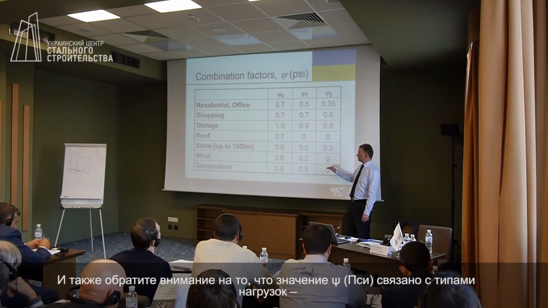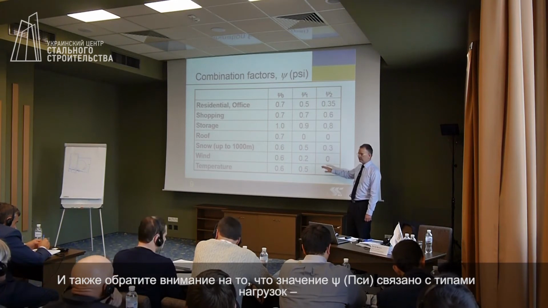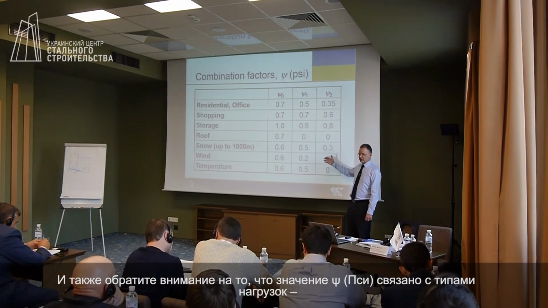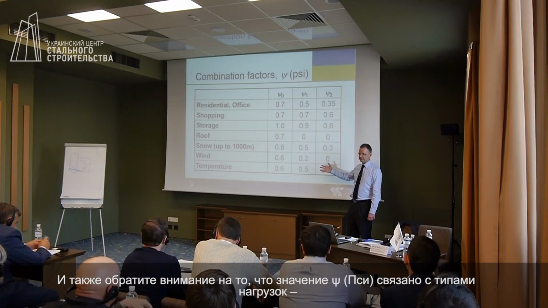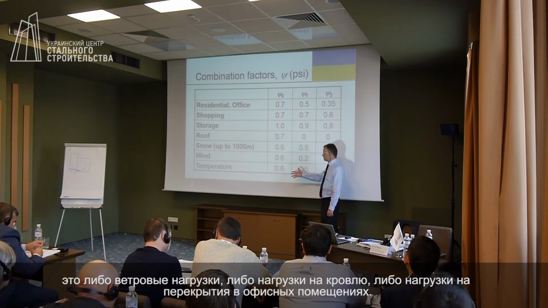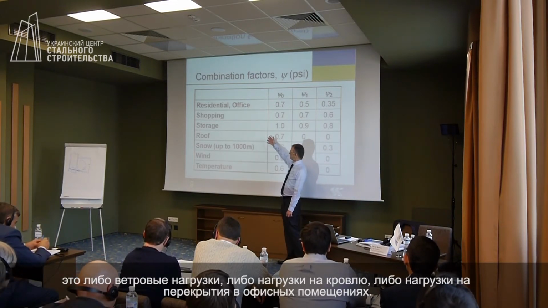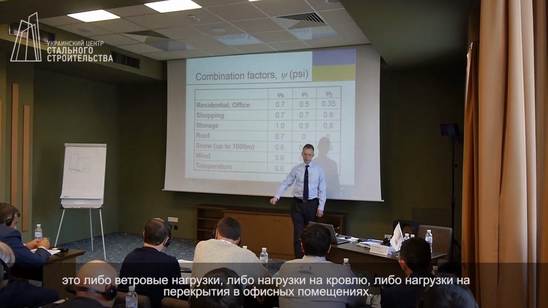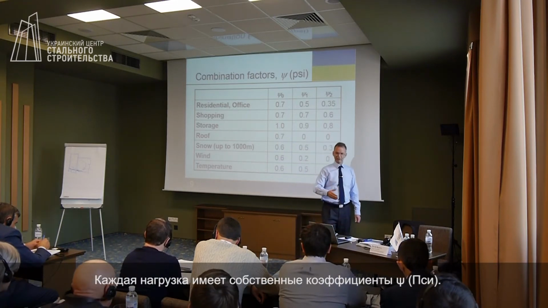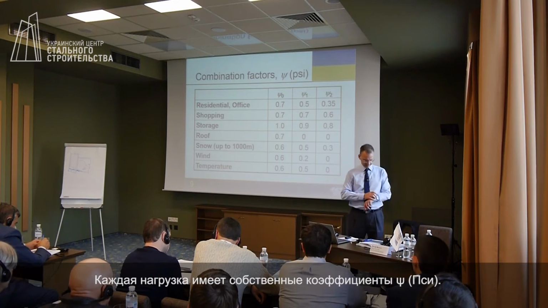And also notice that the value of psi is associated with a certain type of load. So whether it's wind, or the roof load, or office floor load, it has a value of psi that belongs to it.